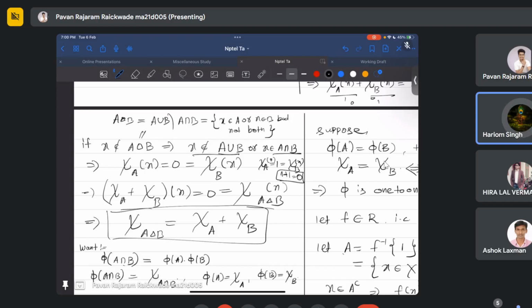See, this is a simple analysis. You have to analyze what the definition of this set is. The symmetric difference means the set of all points which are in A union B but not in A intersection B. That means those points have to be individually in A or B, not in both.